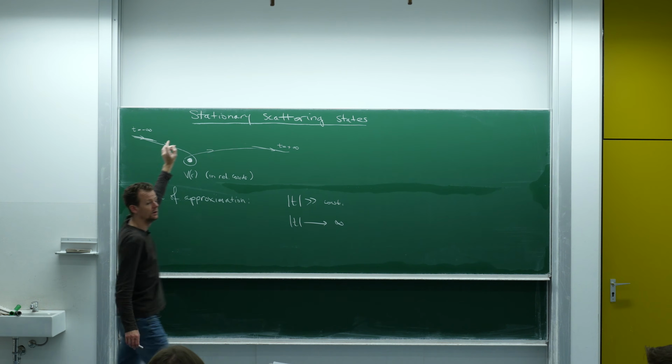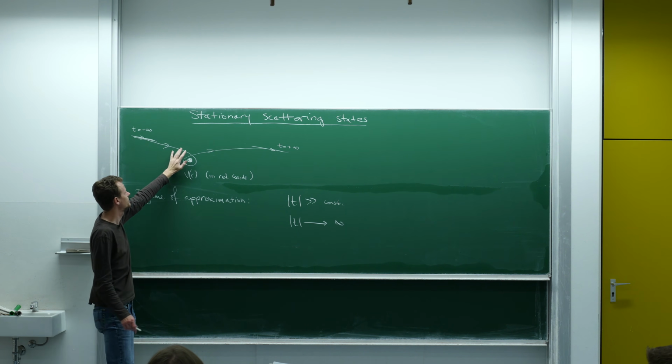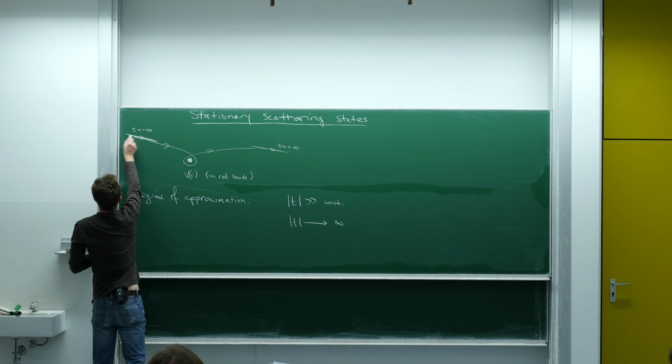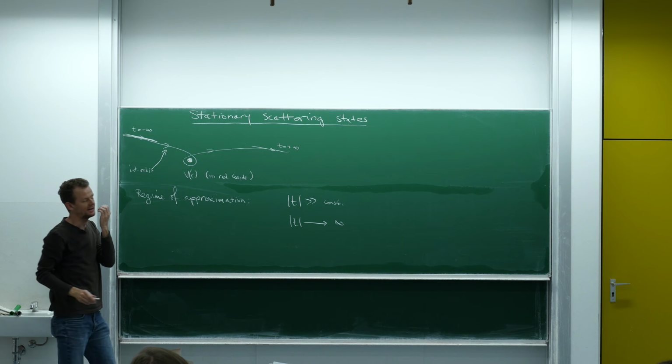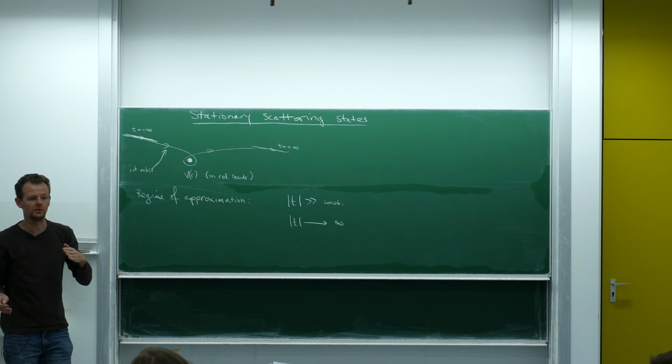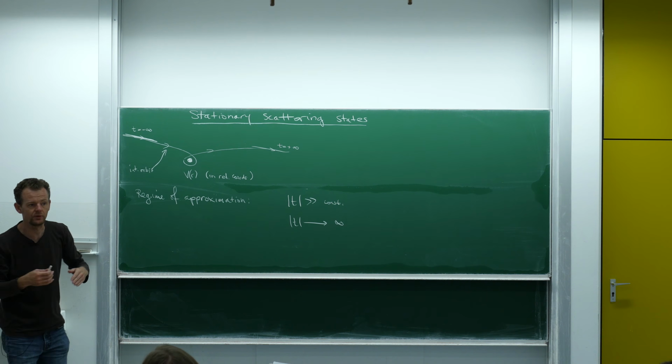We then notice that for many potentials, this interacting orbit is asymptotically approaching a free orbit, a free trajectory.